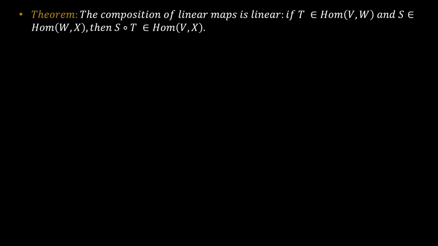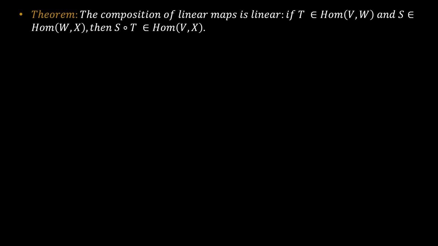Another theorem. The previous theorem we saw was that the homomorphism of VW, in other words, the linear mappings from vector space V to vector space W, the list of functions in there constitute a vector subspace. There's another theorem that I'd like to also see: that the composition of linear maps is linear.